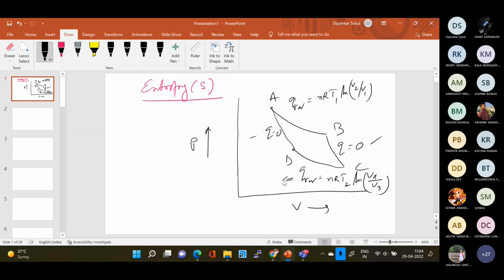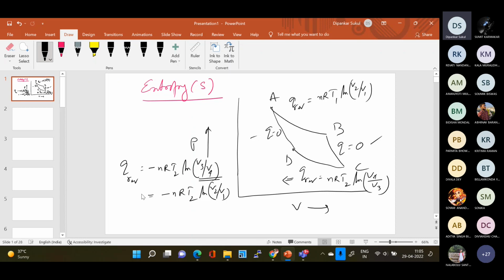And if we rearrange it, then it was equal to minus nRT2 ln V3 by V4. And in place of V3 by V4, what can we put? That is V2 by V1, so minus nRT2 ln V2 by V1.